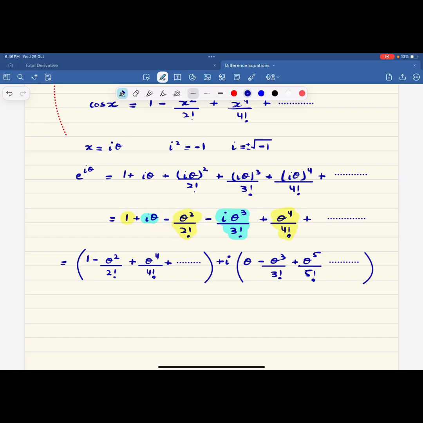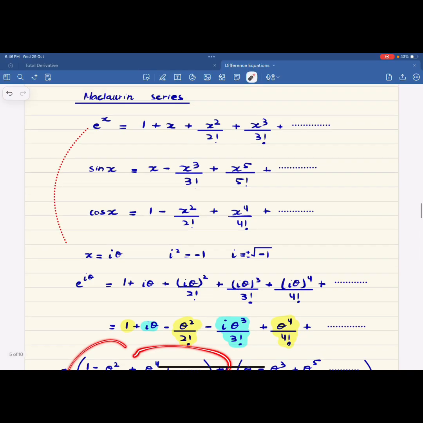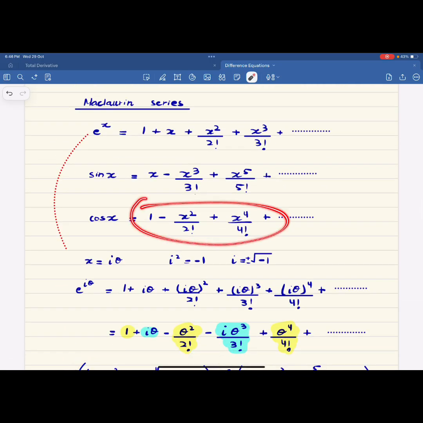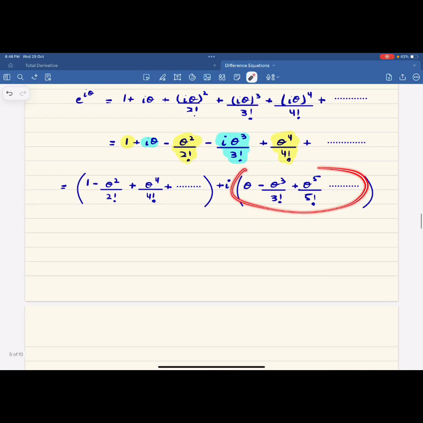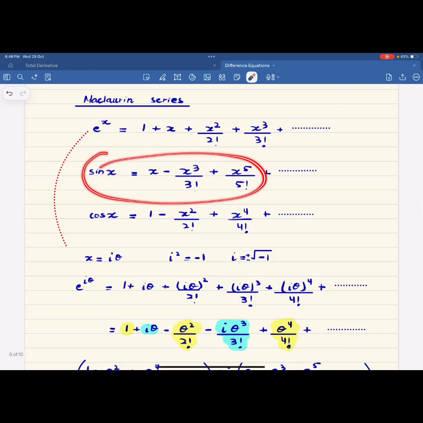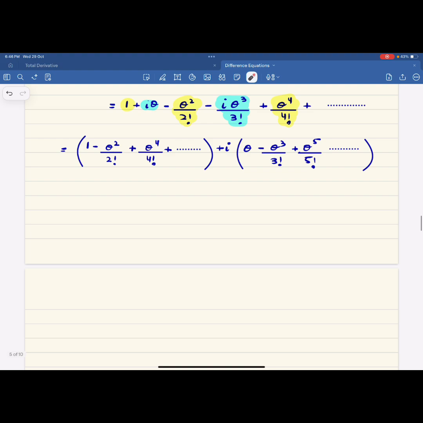Okay, so what is this? This is basically the Maclaurin series for cos x. And what is this? This is the sin x series. So we can replace this. We can say that this is the Maclaurin series for cos theta, and that is the Maclaurin series for sin theta.